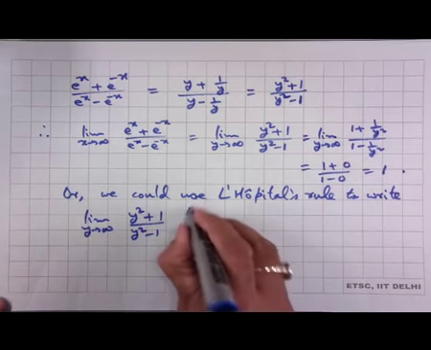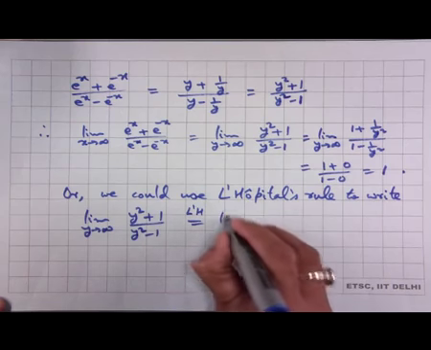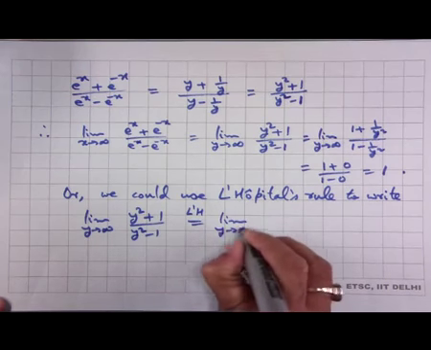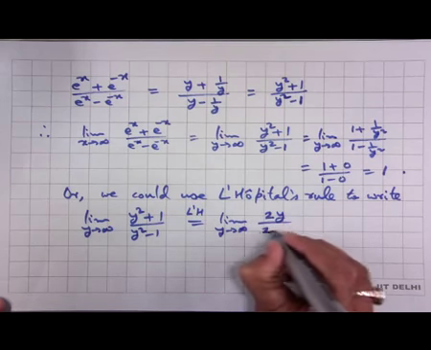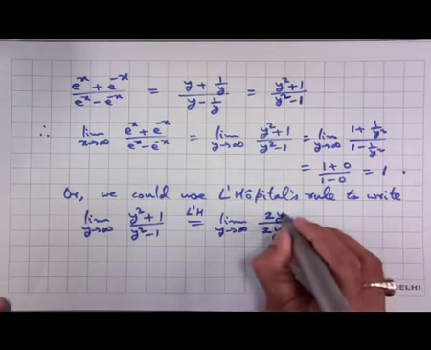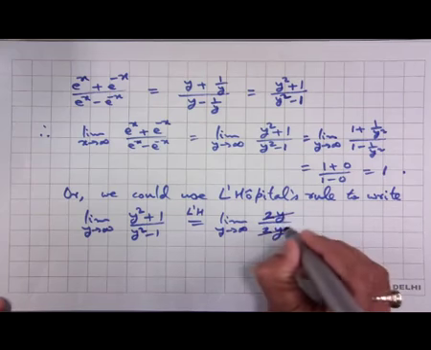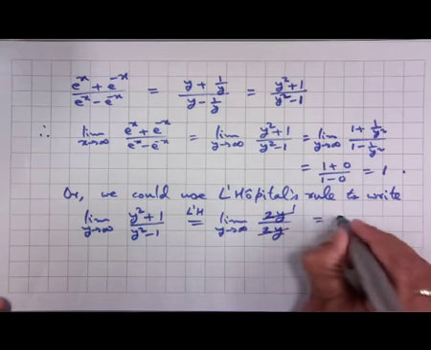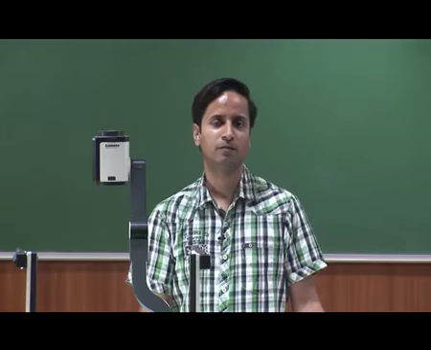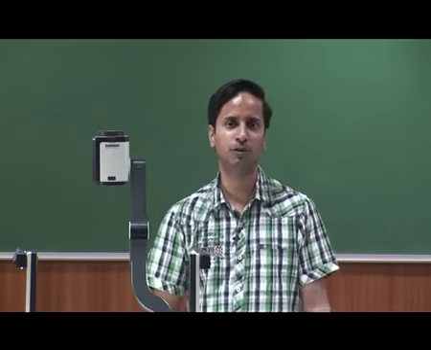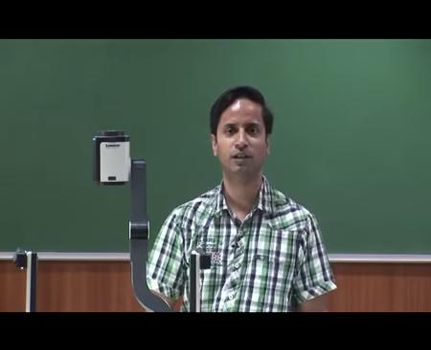So by L'Hopital we can write this as the limit y going to infinity of the derivative of the numerator, which gives 2y, divided by the denominator, which again gives 2y, and we can cancel this 2y and we get 1. So this example shows that sometimes we have to do some substitution before applying L'Hopital rule.